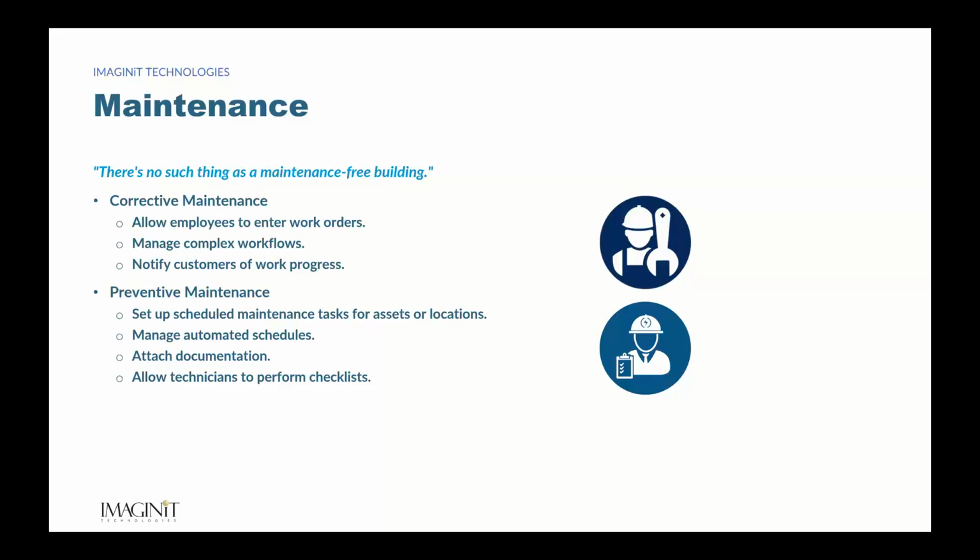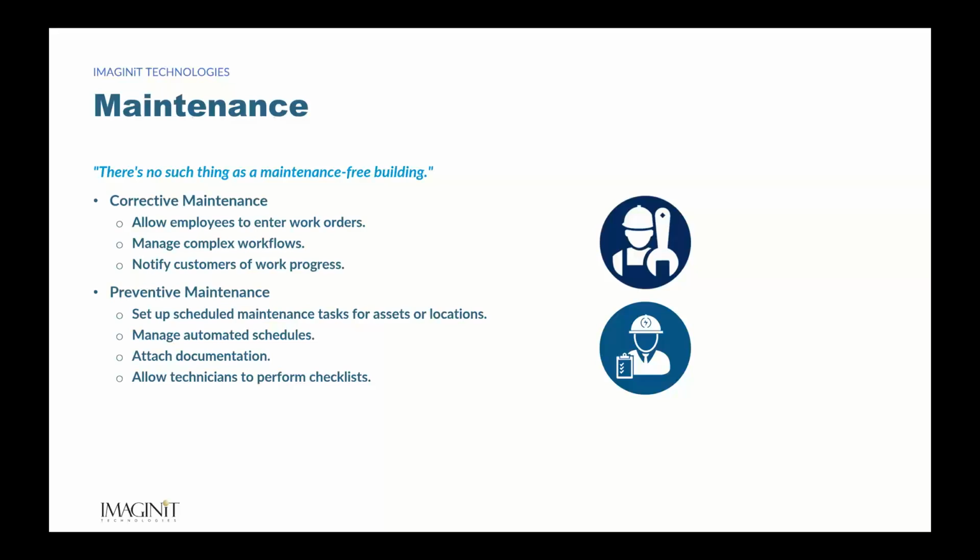Corrective maintenance would be just as you're going, people tell you something is broken. Whereas preventive maintenance would be things that you schedule to maintain an asset, and usually those tasks are prescribed by the manufacturer or by experience for that particular type of asset, and those help things continue to run without breaking down, so you don't have to do anything corrective with them.